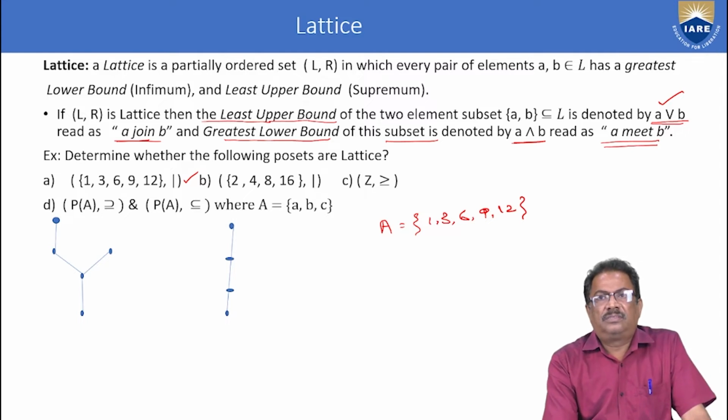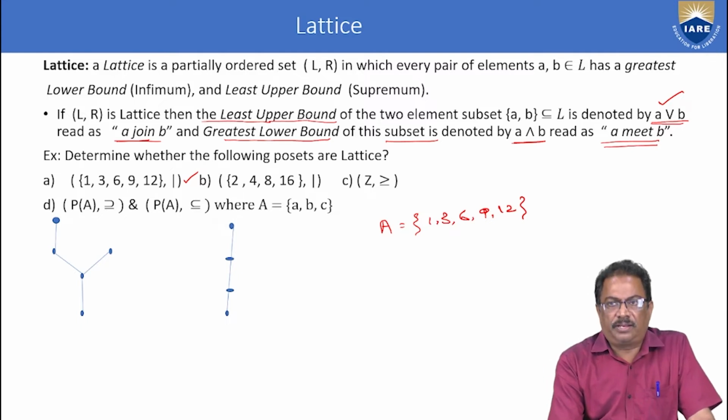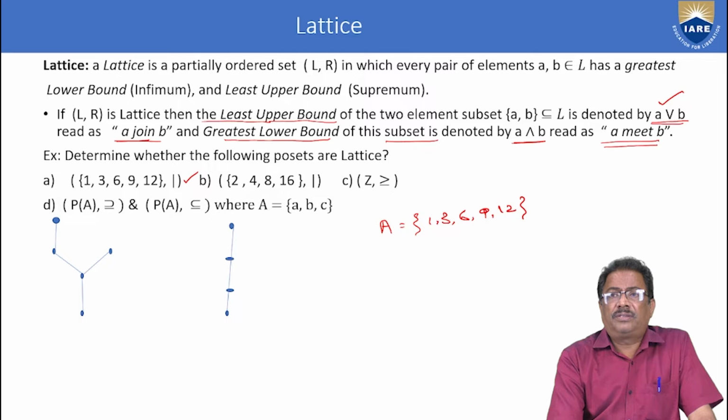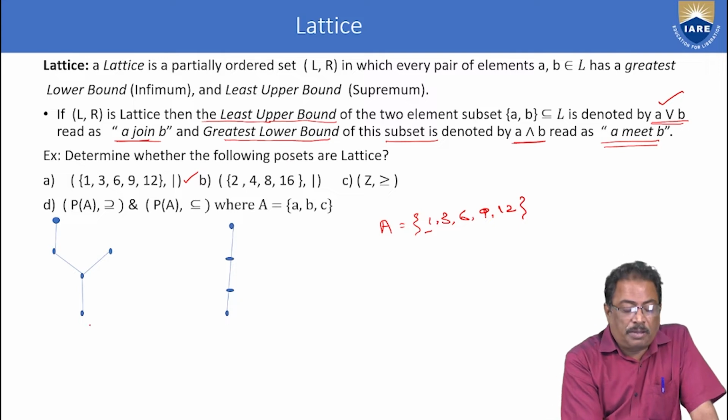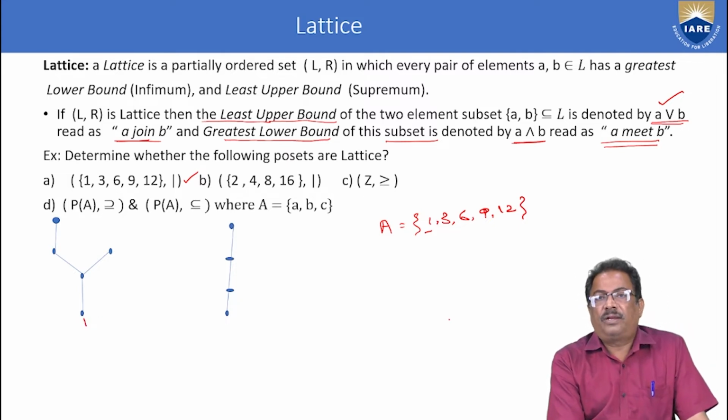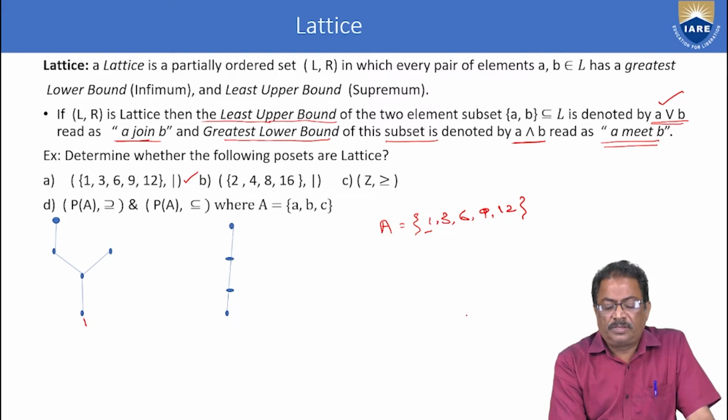Of course, the divisibility relation holds. Whenever the divisibility relation is there, 1 divides all the elements, so I am going to take 1 at the bottom. 1 divides 1, 3, 6, 9, 12.